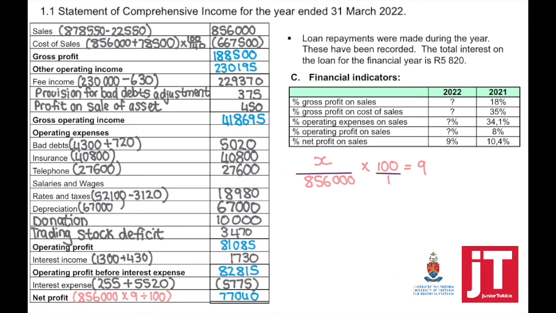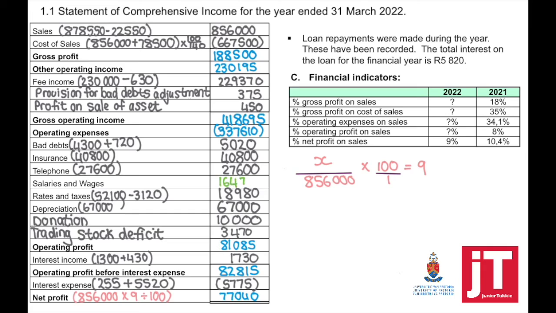Once I've got the operating profit, you should know your gross operating income minus operating expenses equals operating profit. So working backwards, operating expenses will now need to be calculated by taking the gross operating income minus the operating profit equals operating expenses.